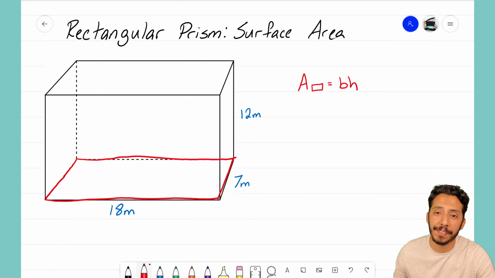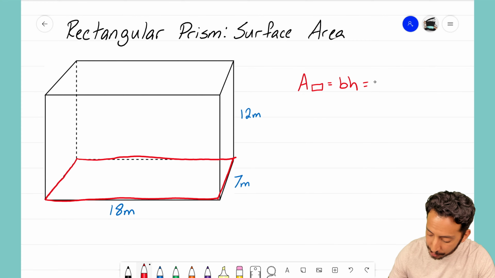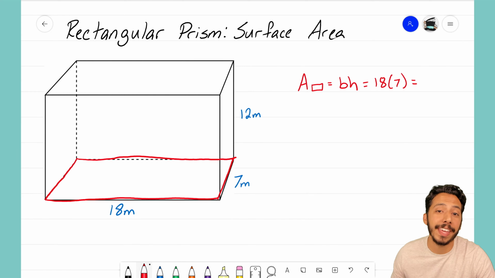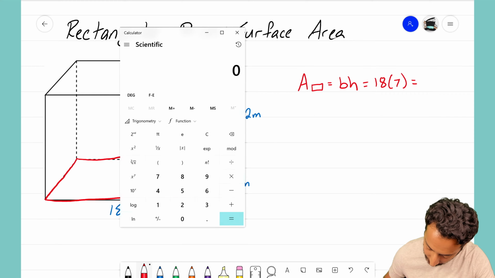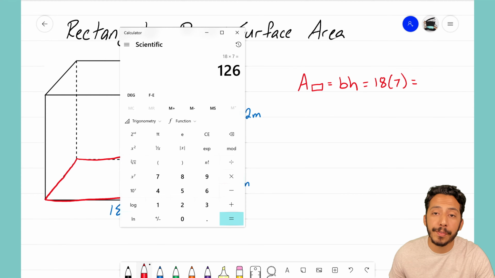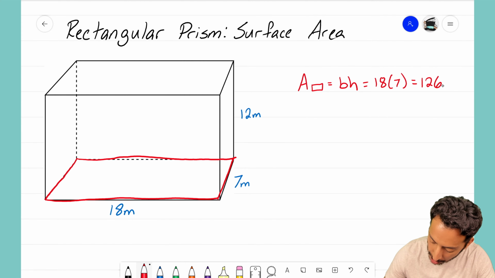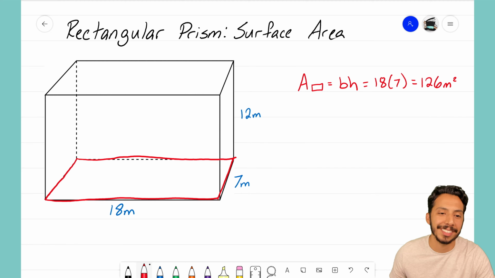The height is 7 meters. So all I have to do is take 18 and multiply it by 7 to find the area of that bottom side. Let me get my calculator open. 18 times 7. The area for that base rectangle is 126 square meters.